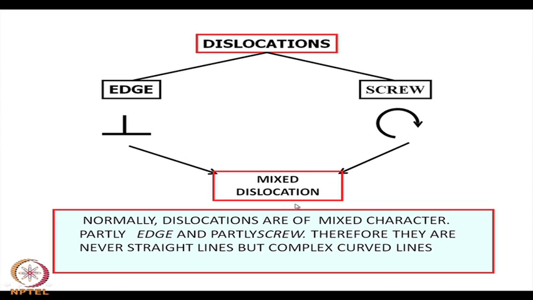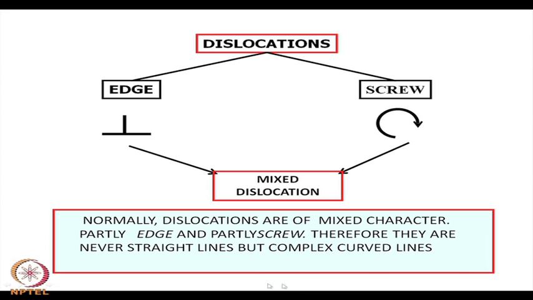In most cases they are not ideal situations. The dislocations are not always straight lines as we have discussed so far. Actually, in practice dislocations are never straight lines, they are completely curved lines. These curved lines have some component of edge dislocation, and the rest may be screw dislocation.